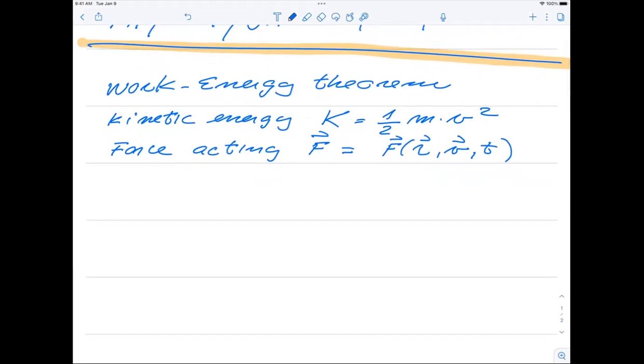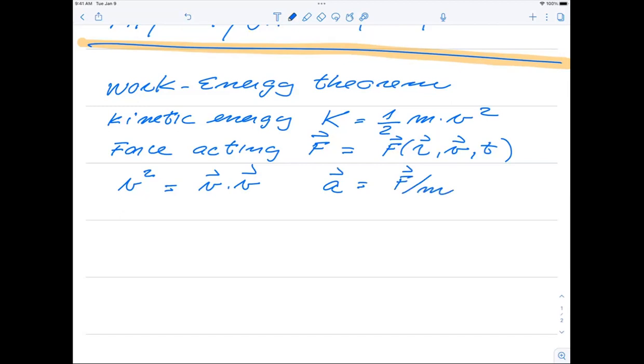Now, if we look at the kinetic energy, if we look at the term which goes like velocity here, if we stay with vectors, this is going to be equal to the inner product of two velocity vectors. And we are going to have an acceleration here, which is given by F divided by m.